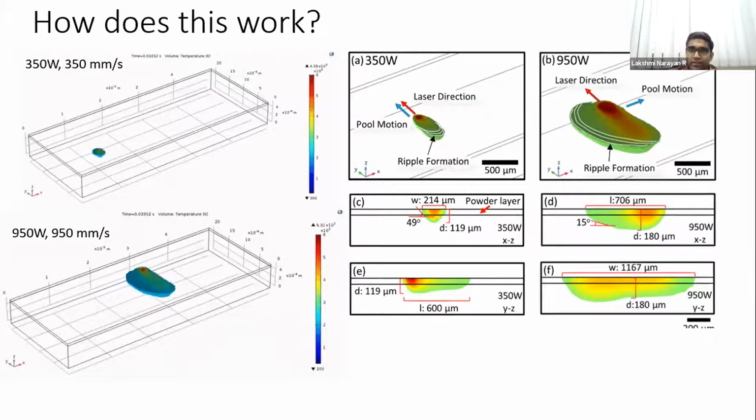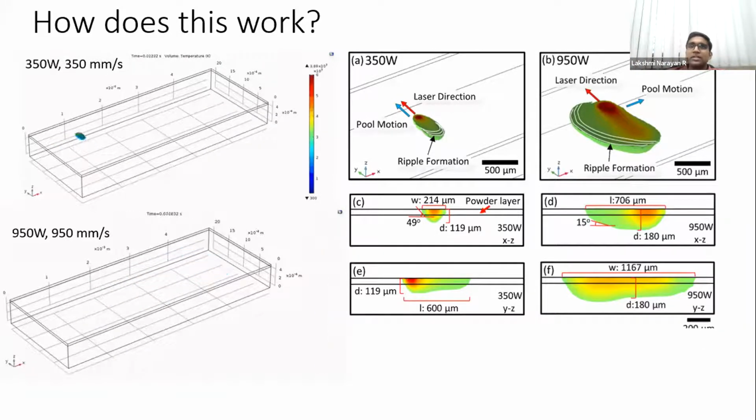That's very nice, in the sense that you're allowing the melt pool more time to melt. The other thing is your aspect ratio is now going to be much lesser. That's very good, because you don't have a very deep melt pool, you have a wider melt pool, which allows more material to melt.